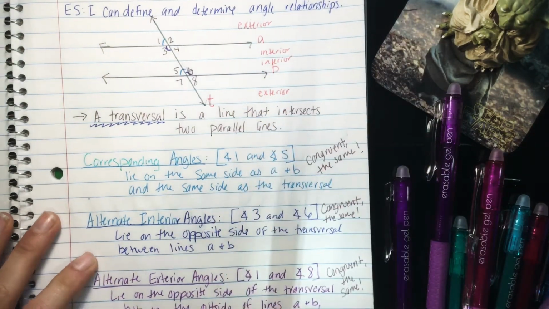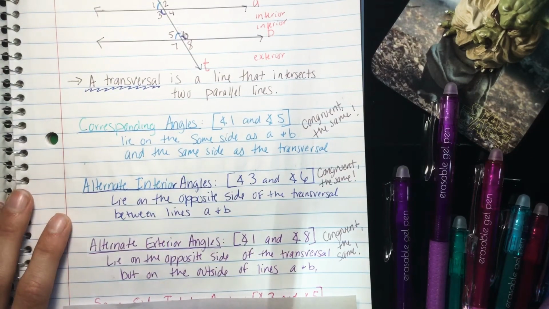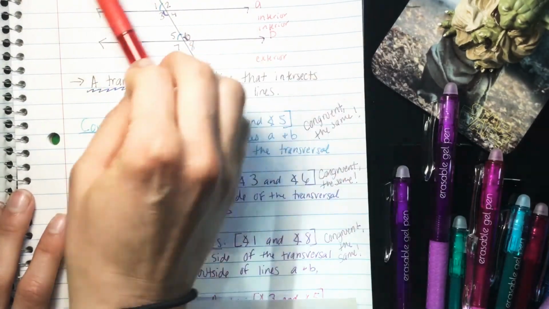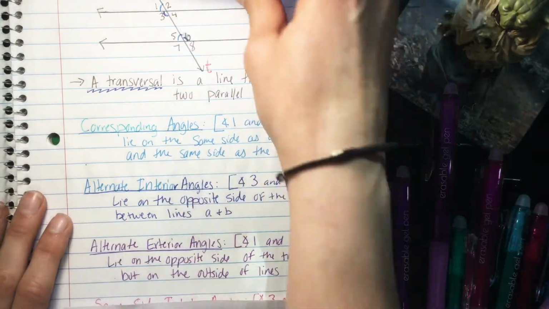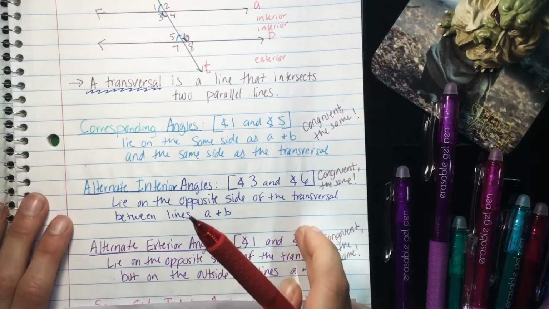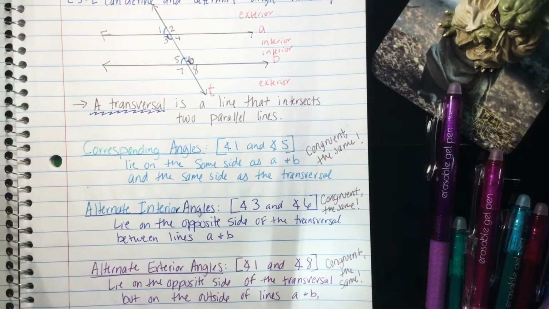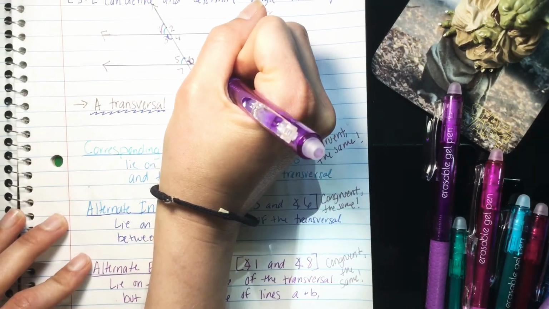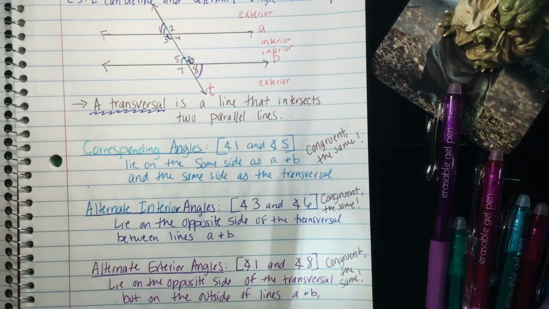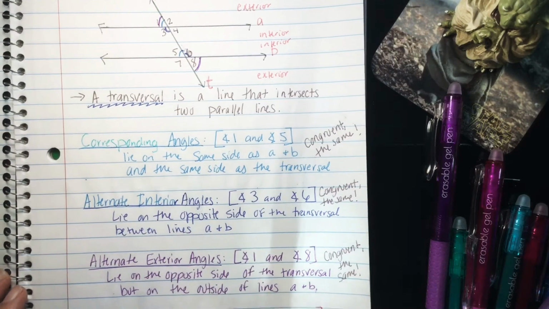Does that make sense? Okay, so the alternate interior angles are on the opposite sides of the transversal, and the alternate exterior angles are on the opposite sides, and they're on the outside. Okay, so examples would be 1 and 8. And then the last one is same side.